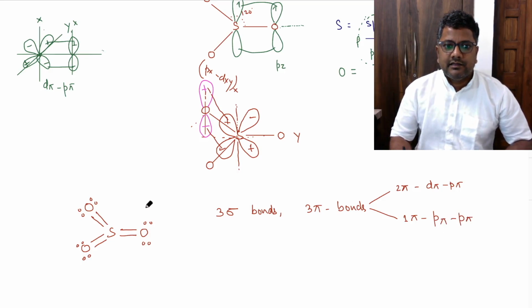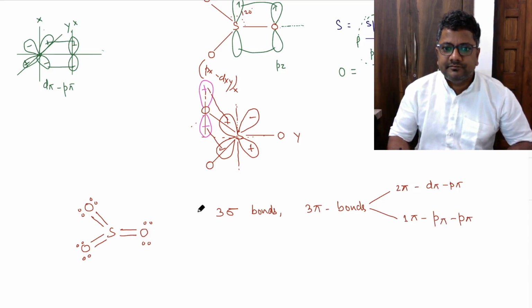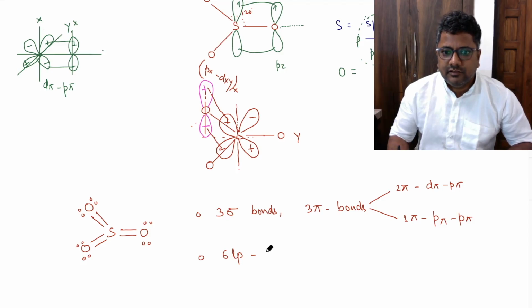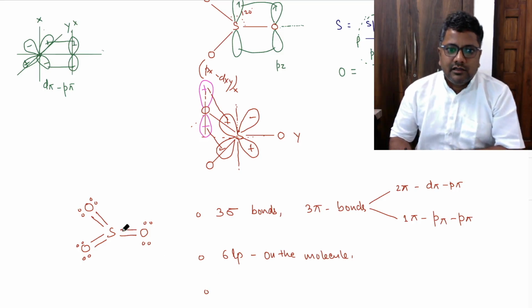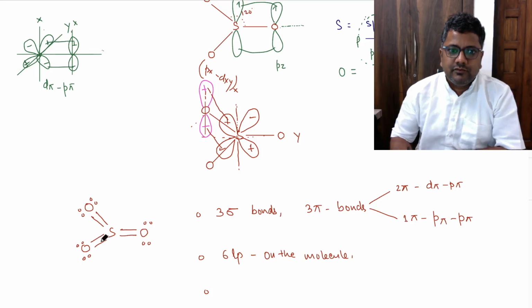And how many lone pairs? 2 to 4 to 6. 6 lone pairs on overall molecule. And sulfur atom has no lone pair. How many electrons in the valence shell of sulfur? 12. 2 to 4 to 6.